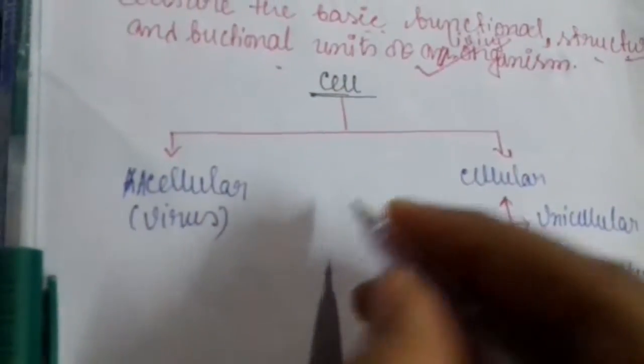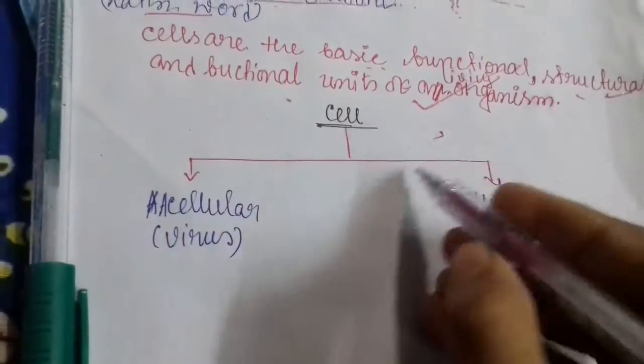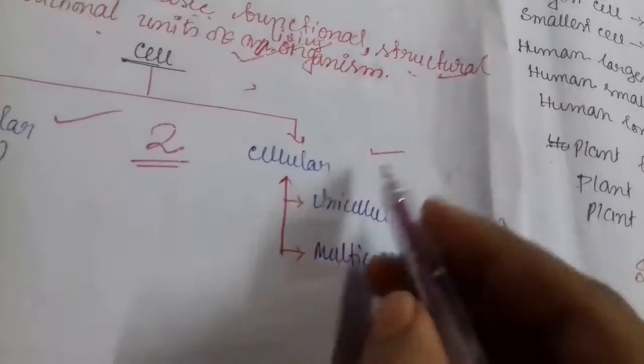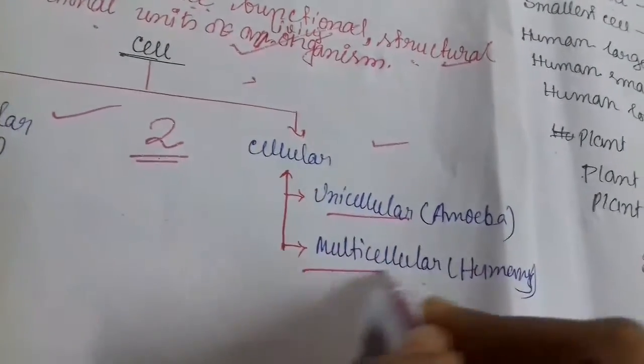If we divide organisms on the basis of cells, there are two types of organisms, acellular and cellular. Among cellular, there are two types, unicellular and multicellular.